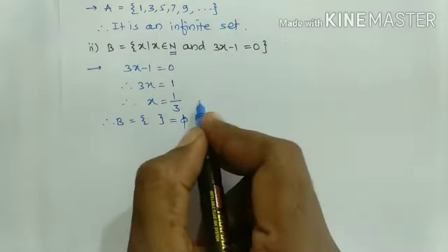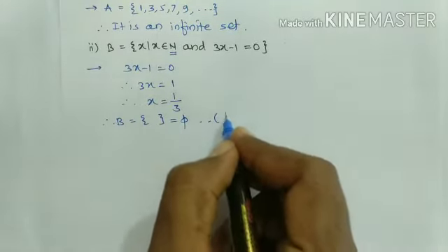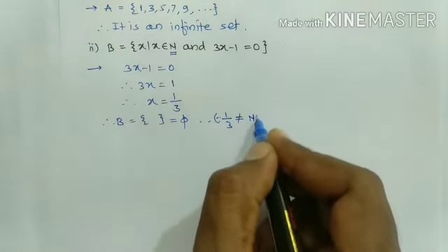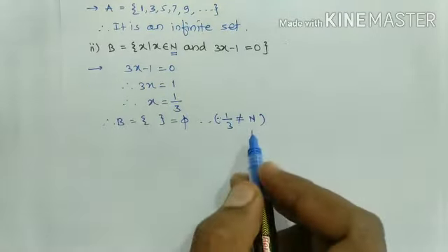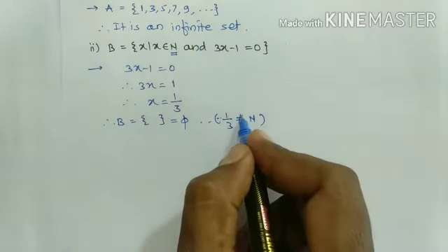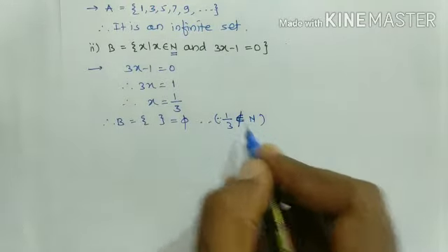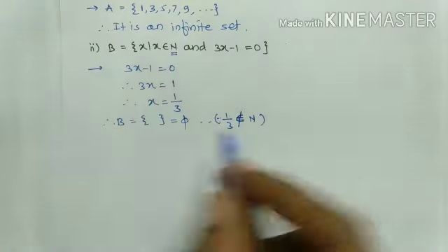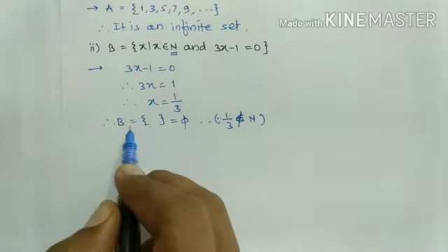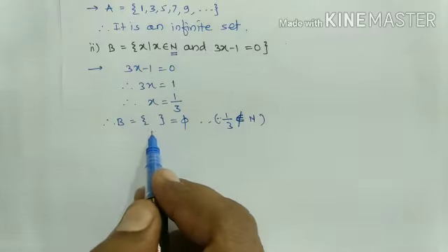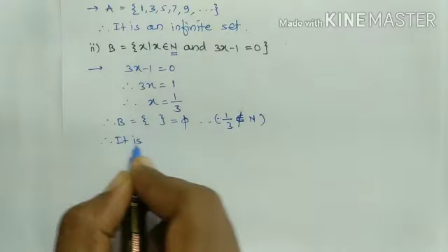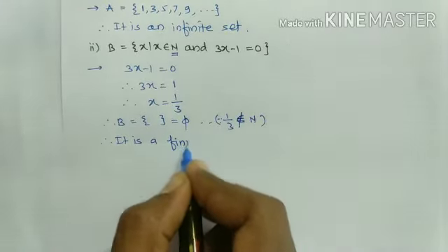Why? Because 1/3 is not equals to natural number, or it does not belong to the natural number. Rather than writing not equals to, it is better to write not belongs to: 1/3 not belongs to natural number. Therefore set B is an example of an empty set, and that's why it is a finite set.